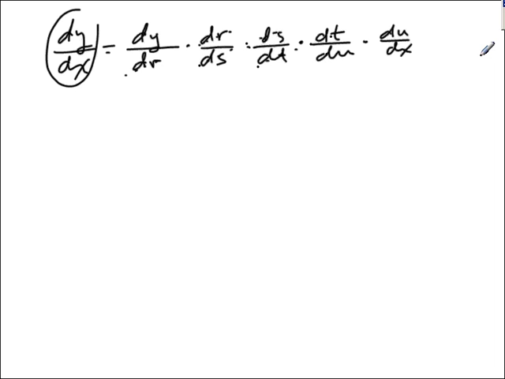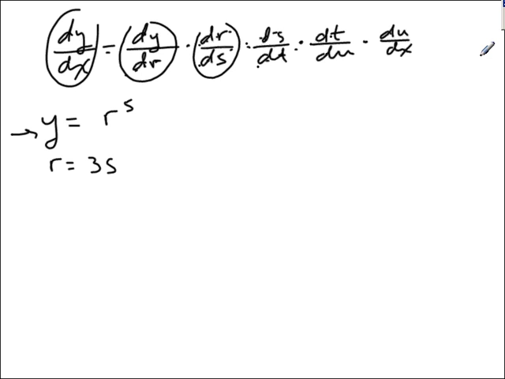So suppose I tell you that y is equal to r to the 5th power. So I wrote y in terms of r. Now I'm going to write r in terms of s. So r is equal to 3s squared minus 7.